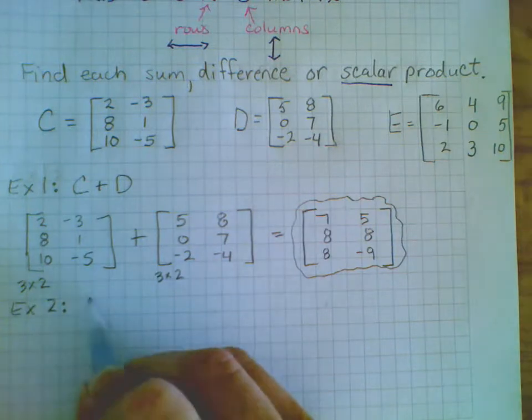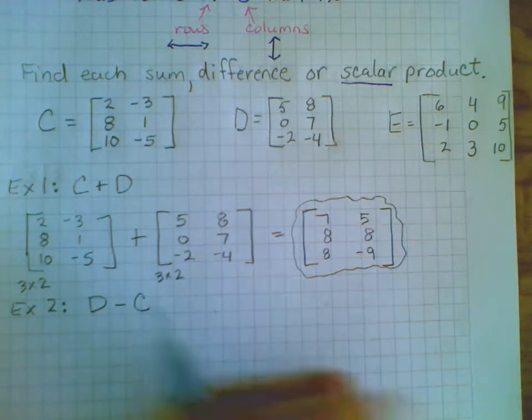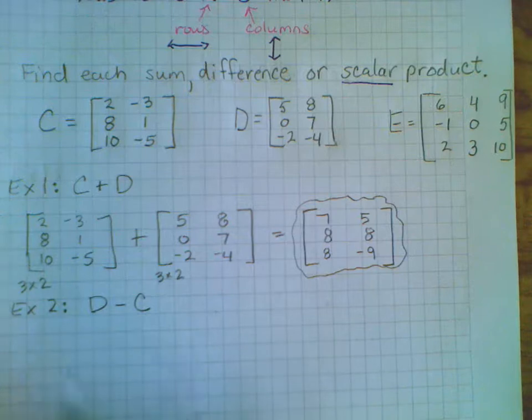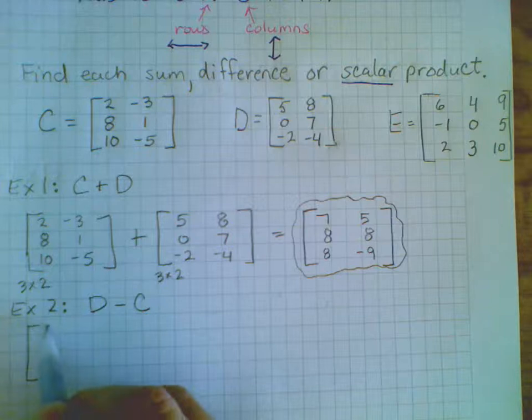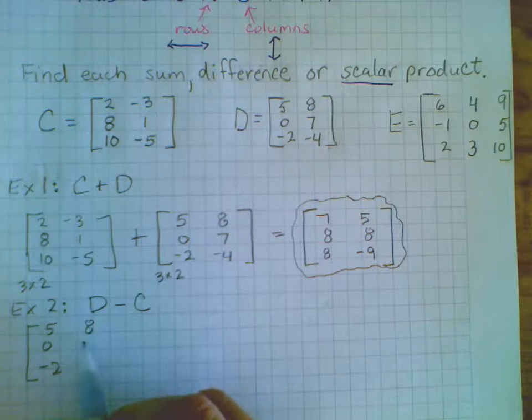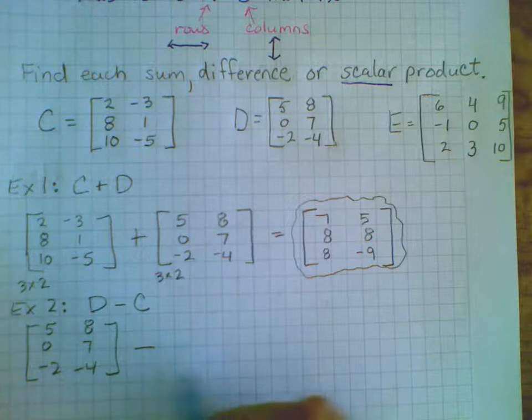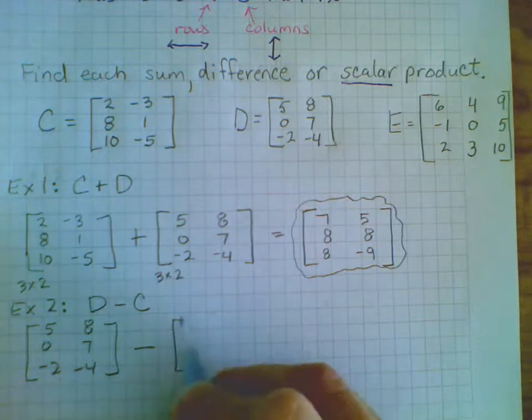Okay, now we'll do D minus C. So I'm going to write it in that order. So matrix D minus matrix C. I know these two have the same dimensions.